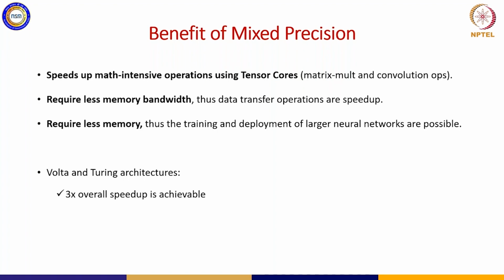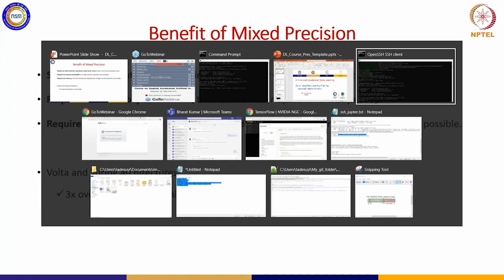After using mixed precision, another benefit is that you get a minimum of 3x speed up based on the Volta architecture and also the Turing architecture, if these are the GPU architectures you use. But if you use Ampere, you will definitely get more than that. If you want to know the class of your GPU architecture, you can check online.